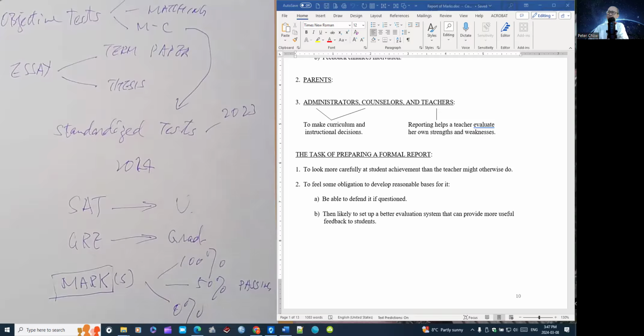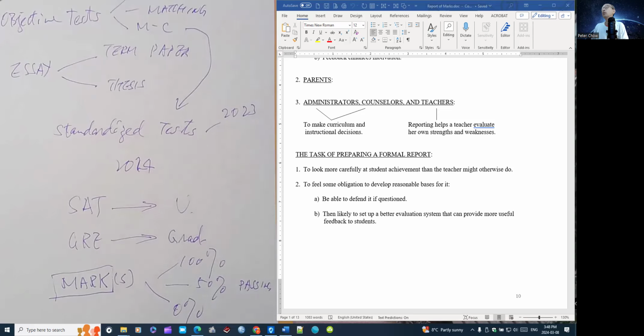So the task of preparing a formal report is to look more carefully at student achievement than the teacher might otherwise do. And secondly, to feel some obligation to develop a reasonable basis for it.